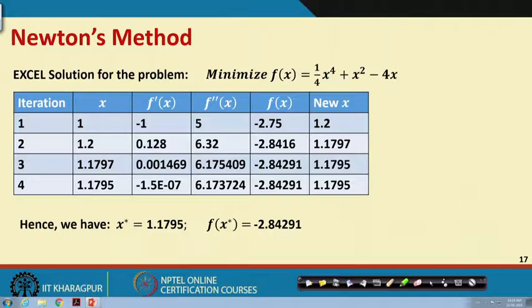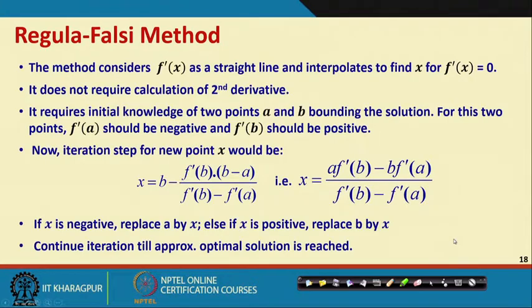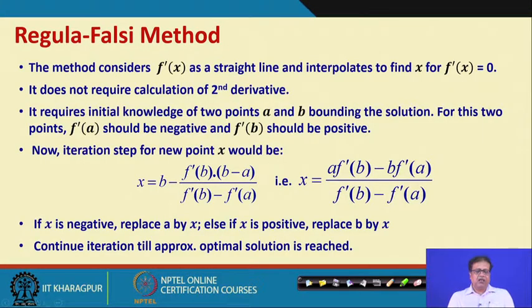Now, see the other method which is known as the Regula-Falsi method. Again this is another method where the f dash x, the first derivative, is considered as a straight line, and the interpolation is made use of to find the value of x for f dash x equal to 0.